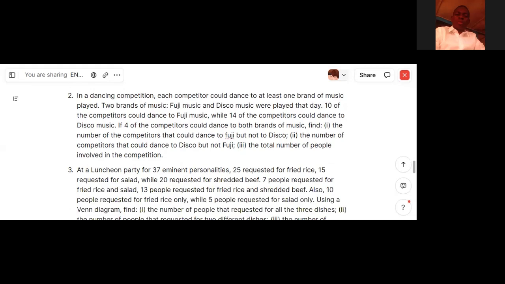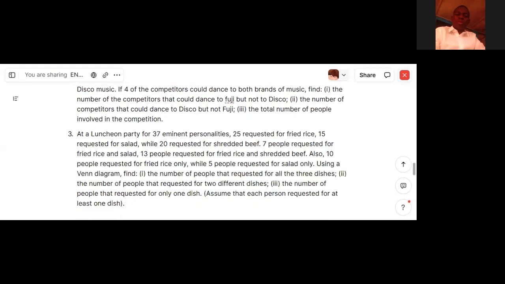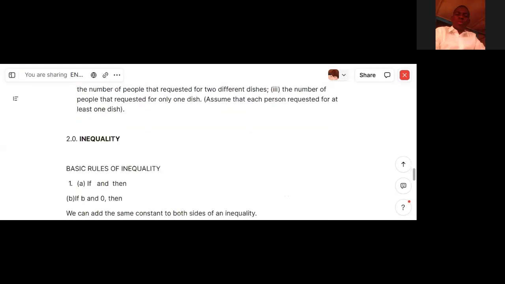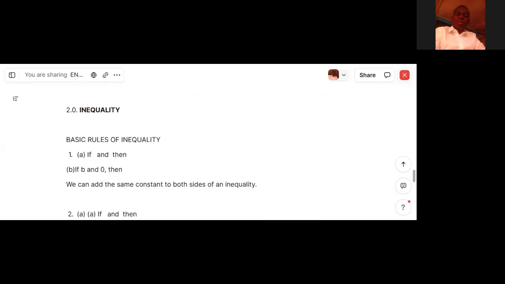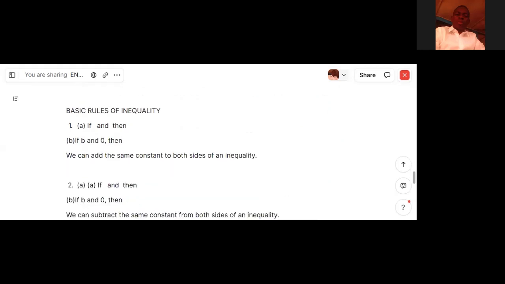Mathematics MCH 103, right? We see inequality, and the basic rule for inequality. Oh, my symbols are not coming up. Okay, basic rule for inequality.